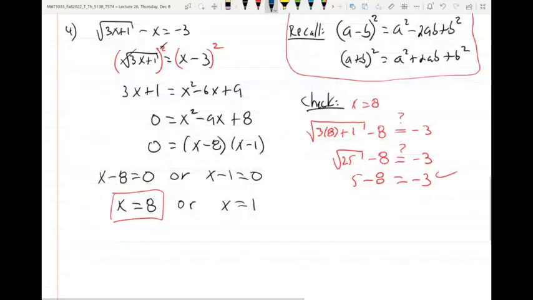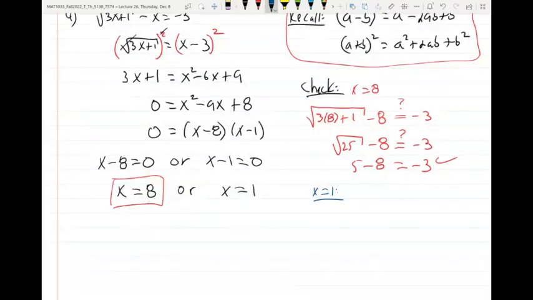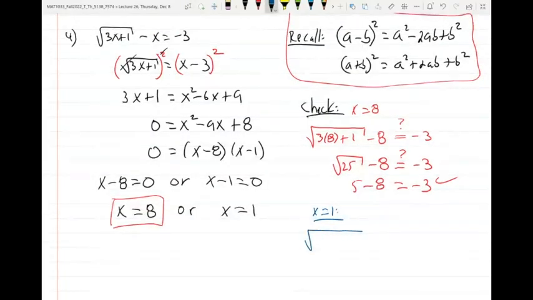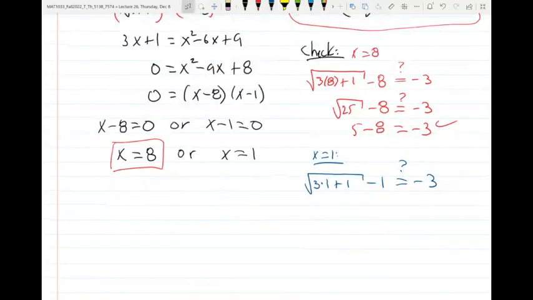Okay. Now let's check x equals 1. So we have the square root of 3 times 1 plus 1 minus 1, and then we're wondering, is this negative 3? All right, let's see. So 3 times 1 is 3 plus 1 is 4. So here we have square root of 4 minus 1. What's square root of 4? 2.